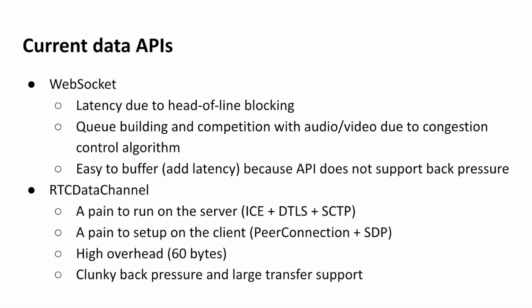And that is problematic because the goal of New Reno is to build sending rate until loss occurs, which means they build queues. They also compete with audio and video due to the algorithm. And both of them will cause high latency due to head of line blocking.